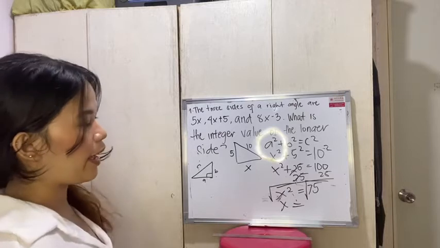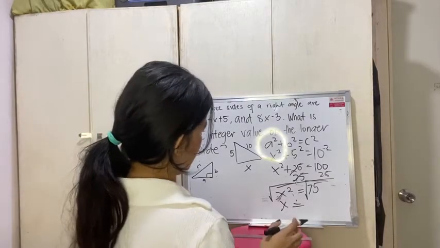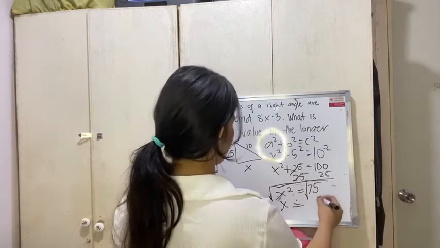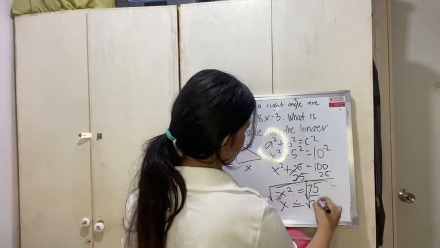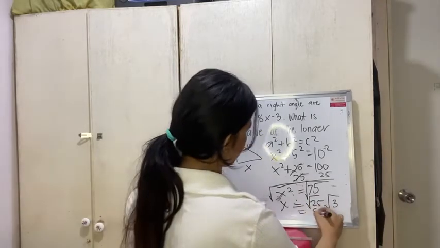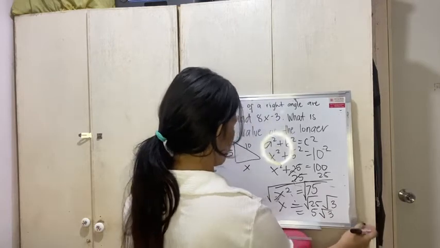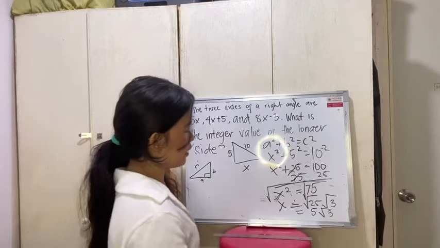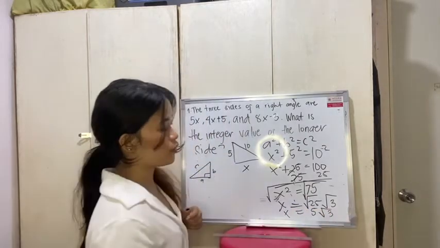Because 75 is not a perfect square, in this case we are going to break 75 into 25 times 3. The square root of 25 is 5, and then the square root of 3. So the length of our missing side of the right triangle is x equal to 5 square root of 3.